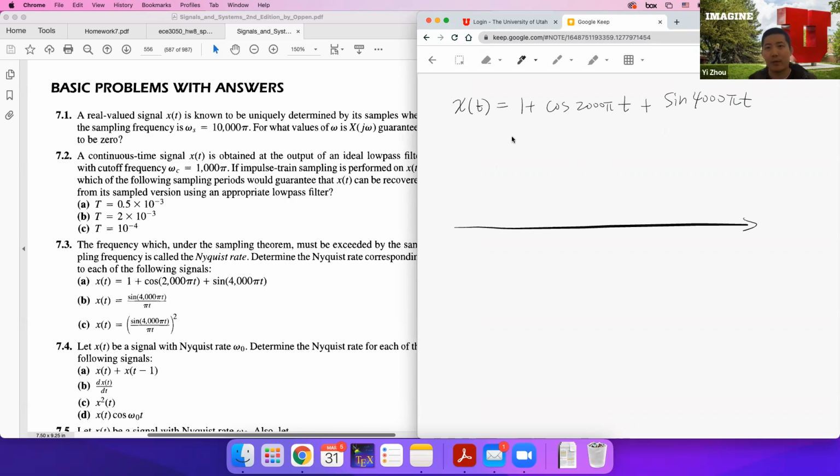The 1 is a constant signal in the time domain, so in the frequency domain it corresponds to an impulse. The cosine is a pair of impulses, and the sine is another pair of impulses. It may look like this.